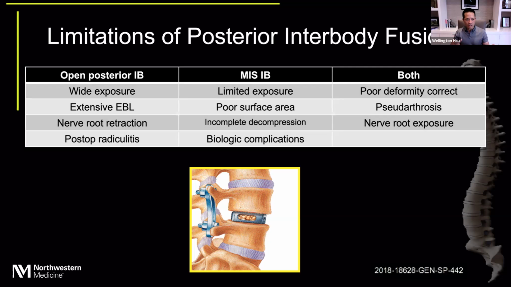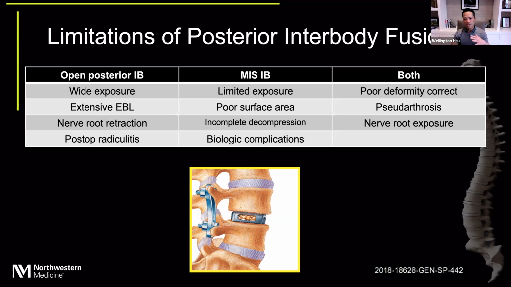The BMP can cause radiculitis and cause heterotopic ossification. All these things can happen. And if you put it in an enclosed cage like ALIF or lateral, you're going to get a lot fewer complications. And the pseudoarthrosis rate, in my opinion, would likely be higher compared to a lateral or anterior approach, just because you're not taking as much disc out.